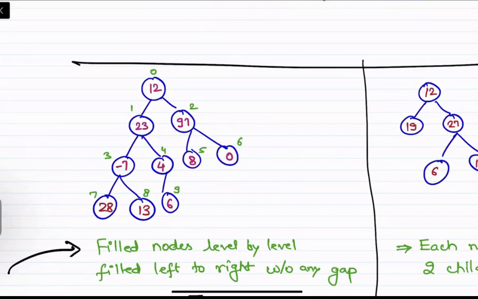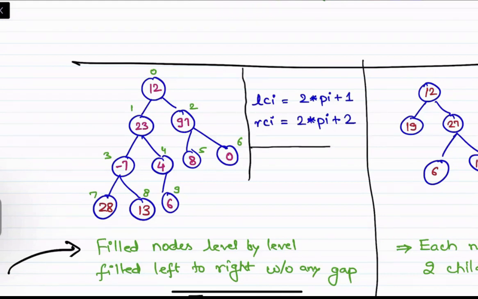If the parent index is given as PI, how can you find the left child index, LCI, and the right child index, RCI? So you are saying it is 2 times parent index plus 1 for the left child, and 2 times parent index plus 2 for the right child. Everyone agrees with these formulas?